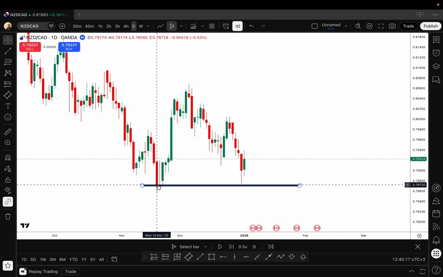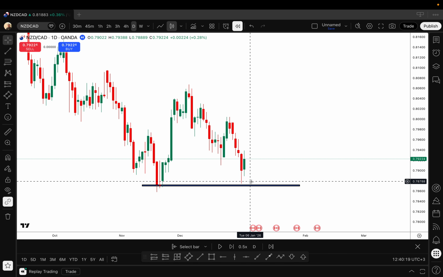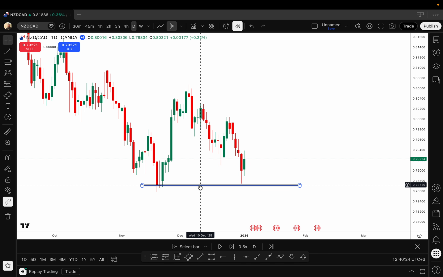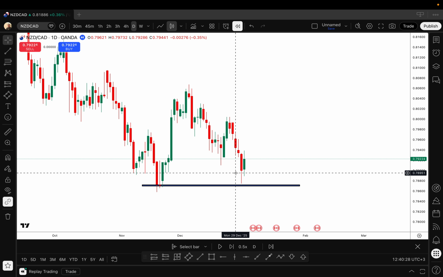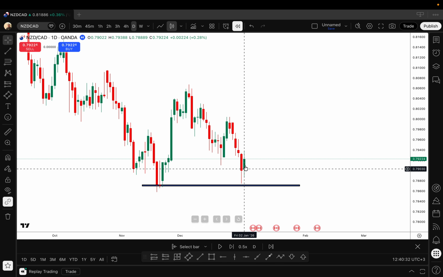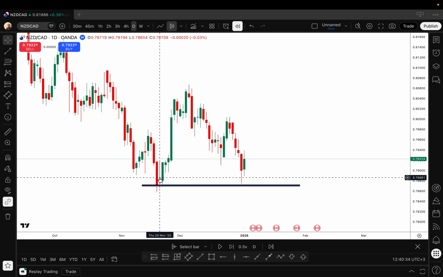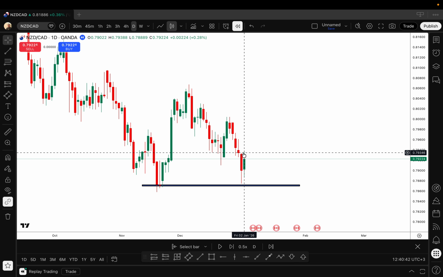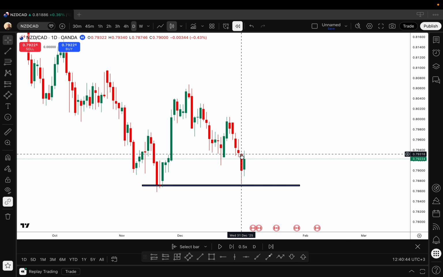However, it does not sit on the zone very well. Now there are two ways of looking at this. In most cases, if the zone is very strong, price is not going to sit there very well. But if it is not so strong, price will first rotate around the zone and create some indecision candles before it can bounce. In this case, the zone appears to be that strong. However, how do we know that it is strong? The confirmation is always going to be on the medium time frame.